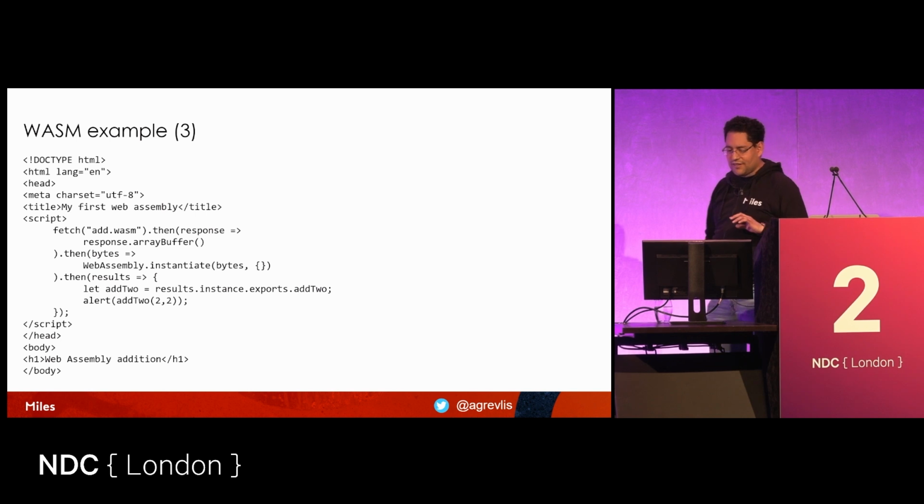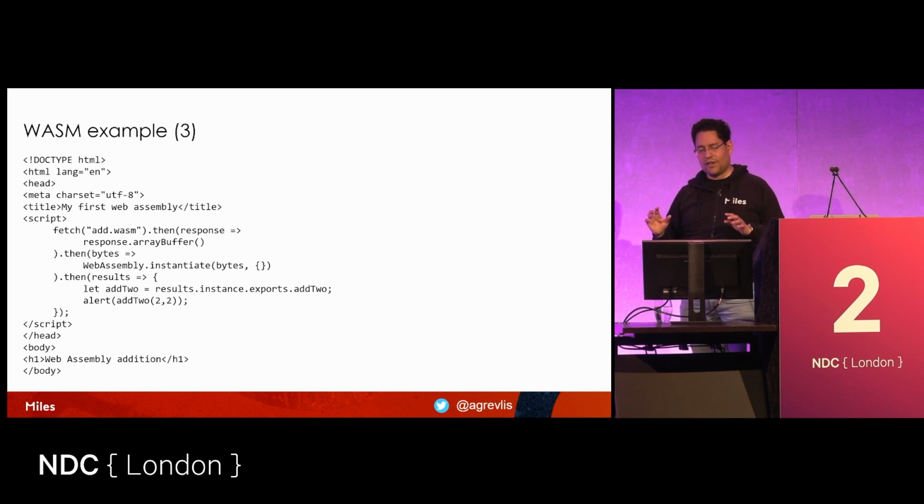If you want to use this, you can write an HTML page where you fetch your WebAssembly and read it into an array buffer. Since WebAssembly is a web standard, we can simply call WebAssembly dot instantiate to create an object from the WebAssembly we have just fetched.